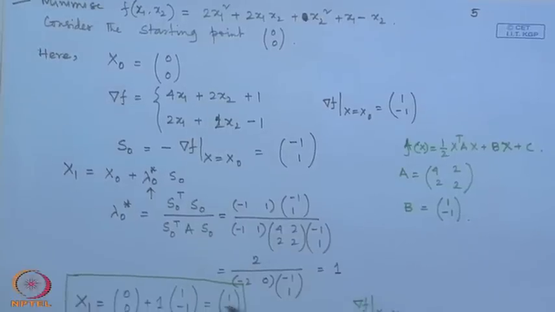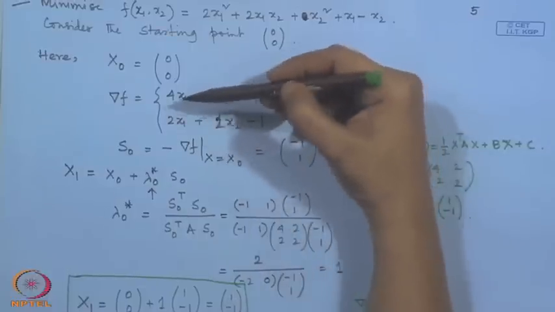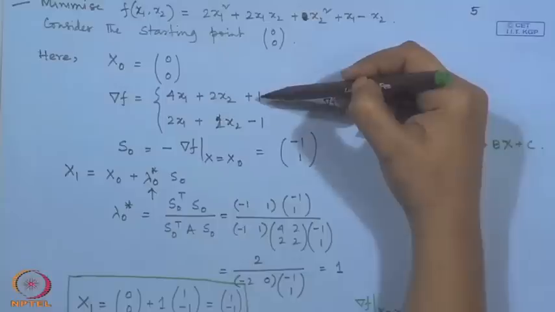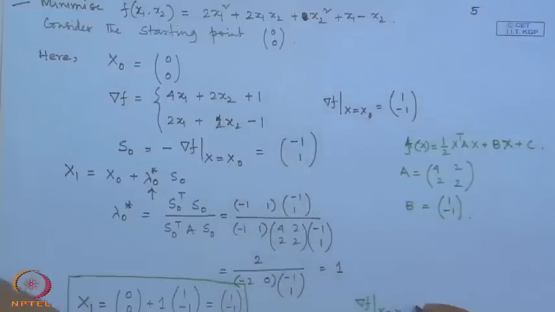Now, grad f at x equal to x1, if I put this in, is 4 minus 2, and the whole value comes out to be nonzero, that means it is not equal to 0. If this is not equal to 0, then minus grad f will not be 0 either. What is the implication of this? It implies that there is a possibility for further improvement of the functional value.